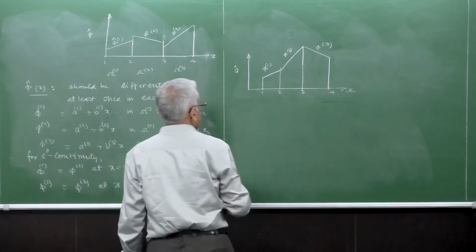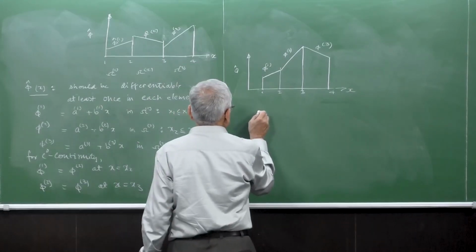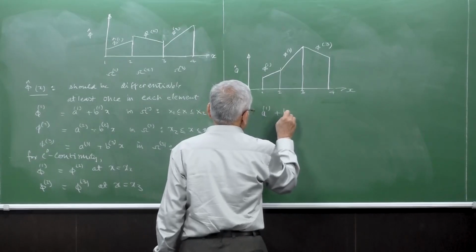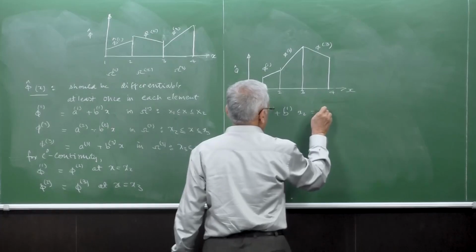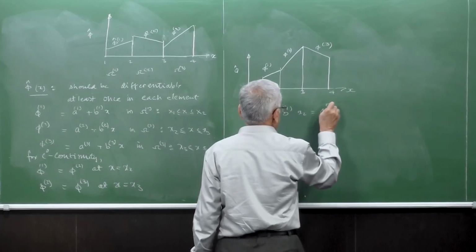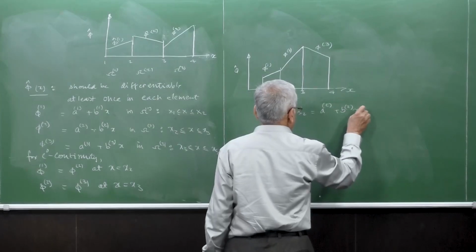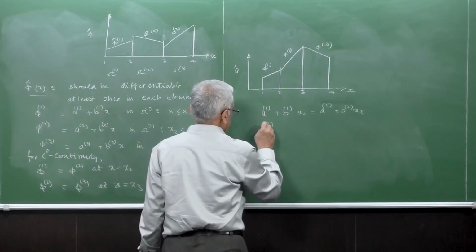So that means that we have one condition, something like the conditions, if I put it like this one. So this is one condition. And then another condition is at x3.